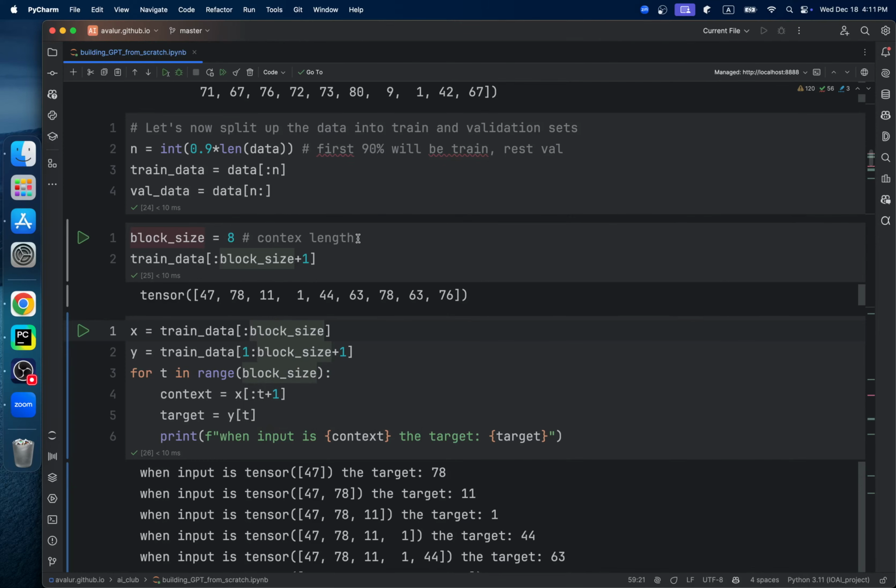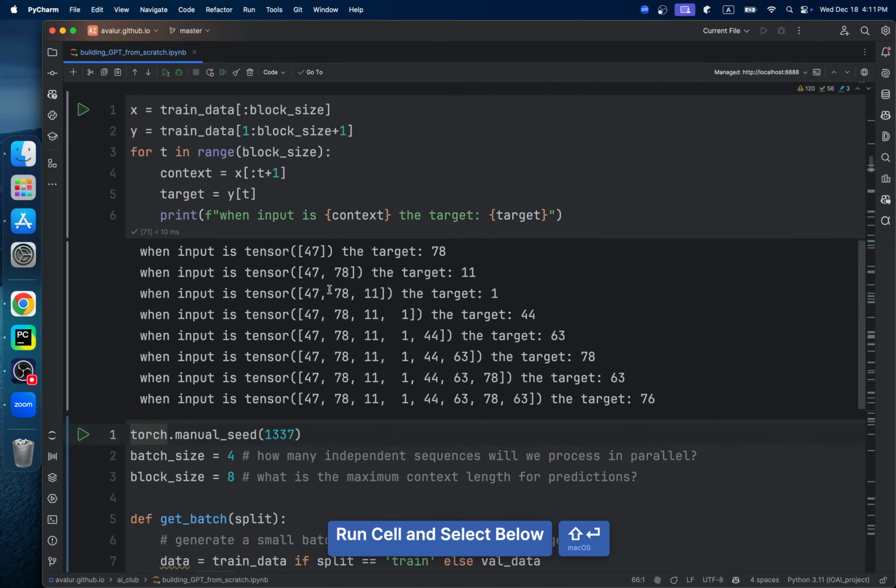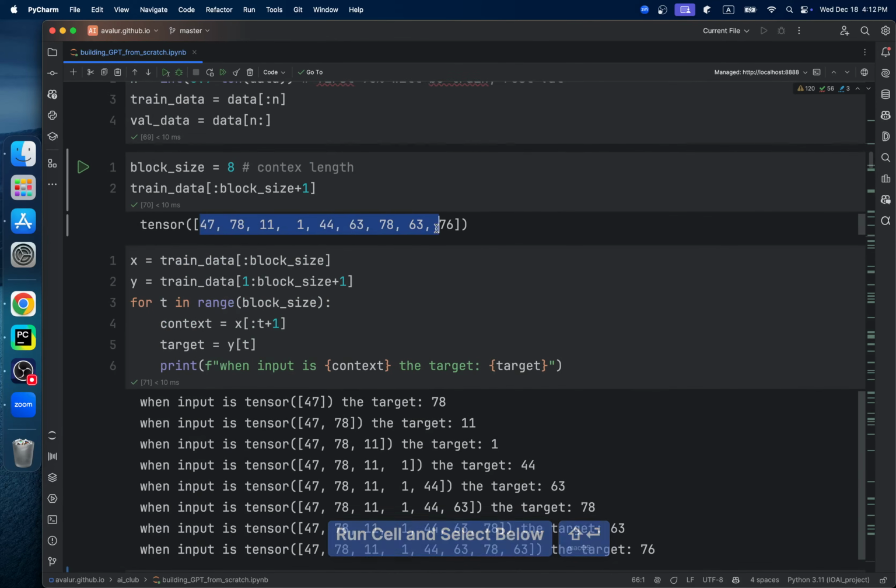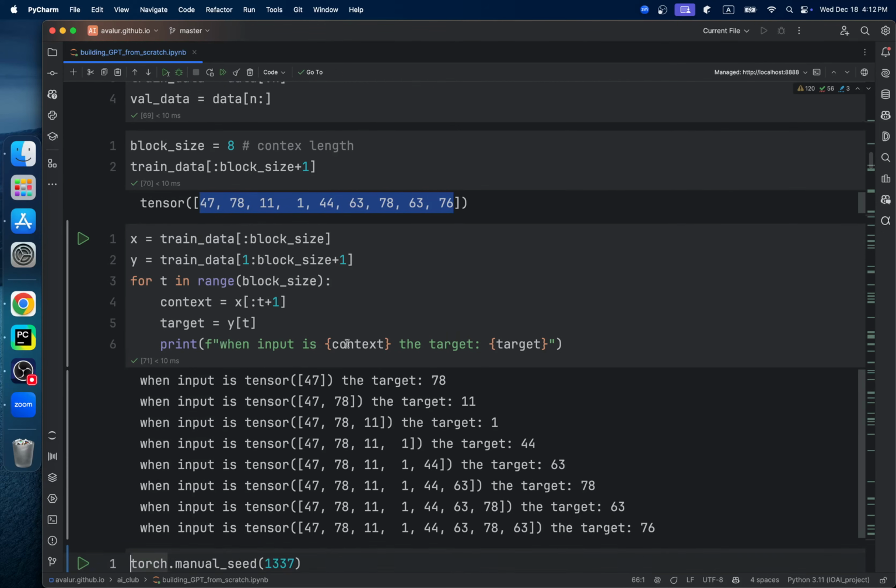If the block size is 8, which is our context length here, then the input is 8 numbers, or I hope you remember, 8 letters. The answers are simply the same sequences shifted by one to the right. So for the first number 47, the target is 78 because it goes after 47. Then for the first two numbers, the target is 11 because it is the third number, and so on.